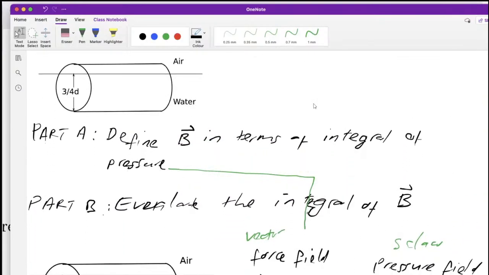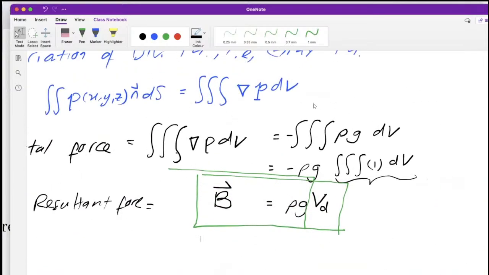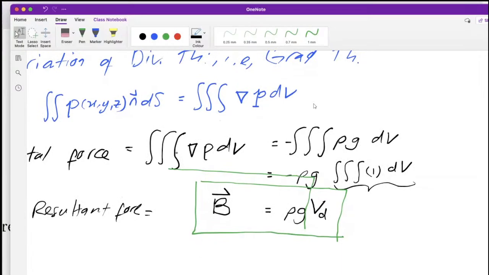When I defined B in terms of the integral of pressure, this is what we are looking at here. This part here, and also this part here. Basically, this whole part here.